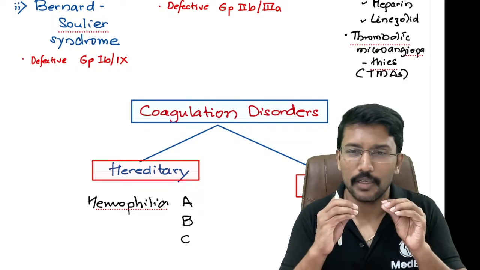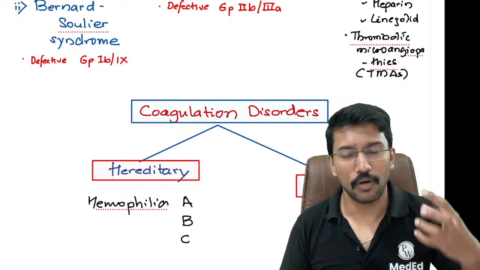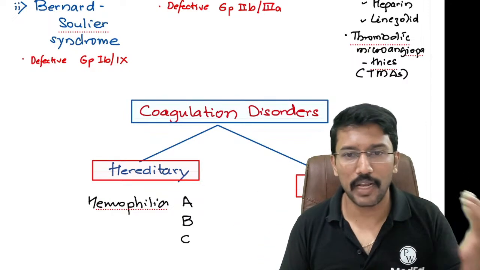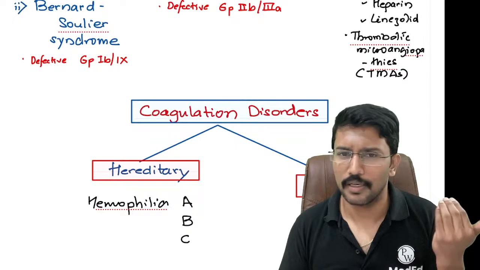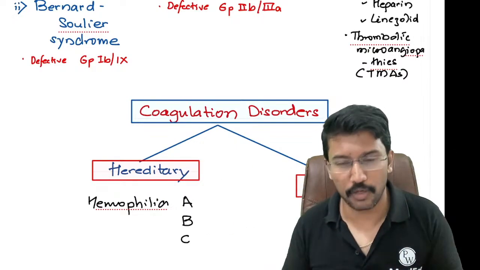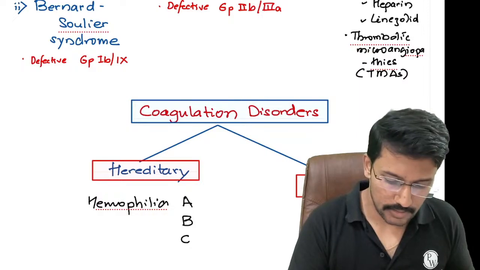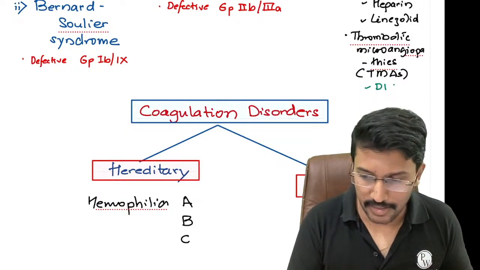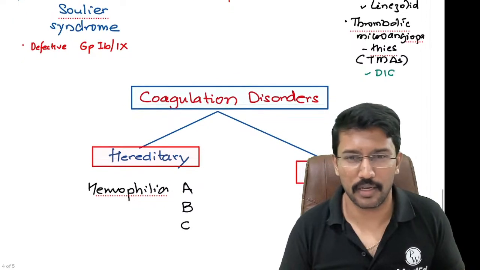But once too many clots form, what happens? All the platelets are being used up in forming those clots. So what will happen to the number of circulating platelets? It will come down because all the platelets are being utilized in the formation of multiple clots in the body. A classical example for this I can quote is disseminated intravascular coagulation or DIC.